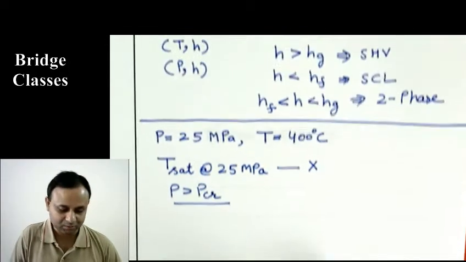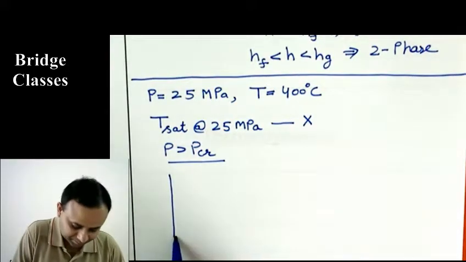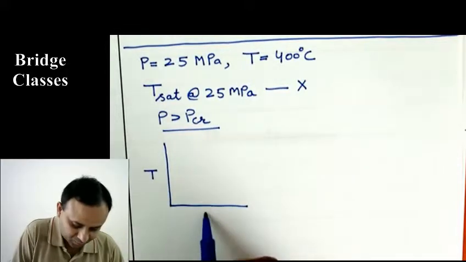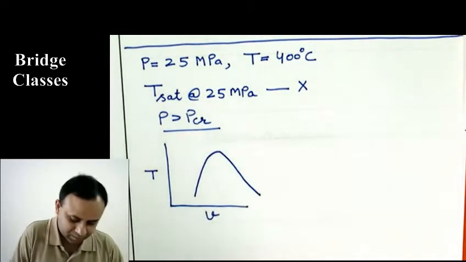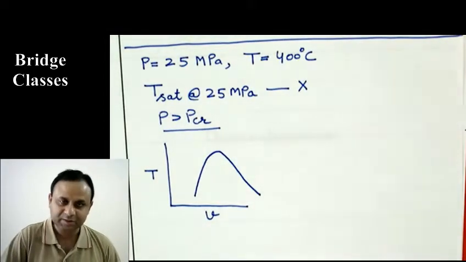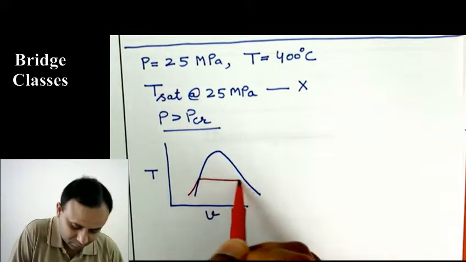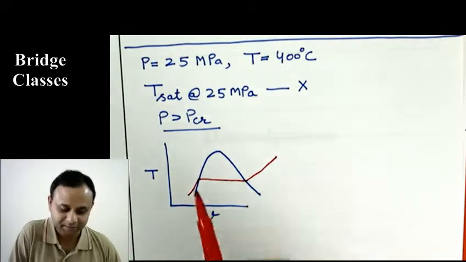So the convention is, let me first draw a diagram. Let's say we take a temperature-volume diagram. This is the vapor dome, and the constant pressure curves on this diagram are like this. This is for a pressure that is less than critical pressure.